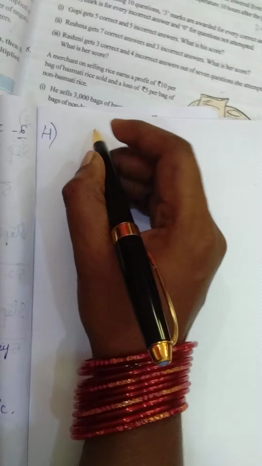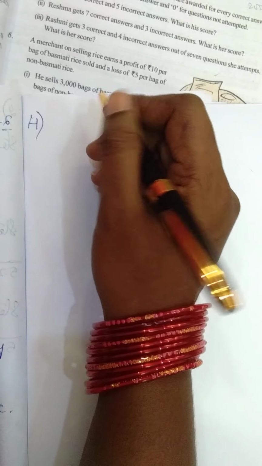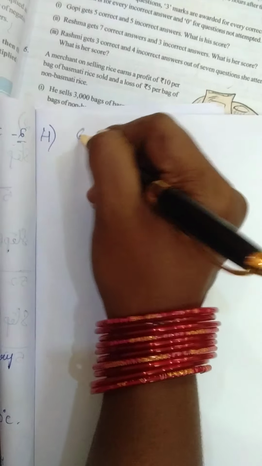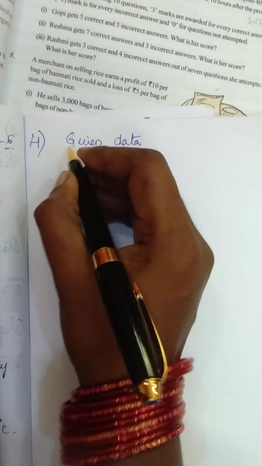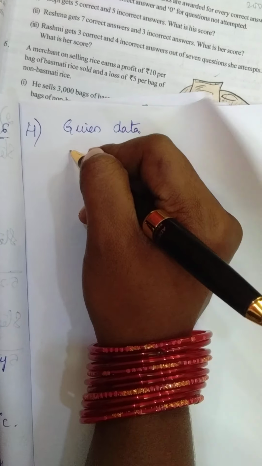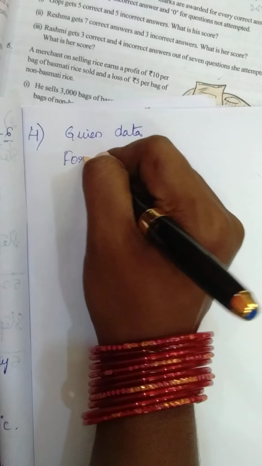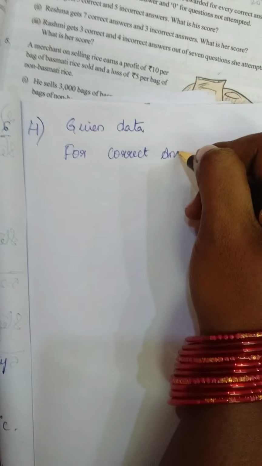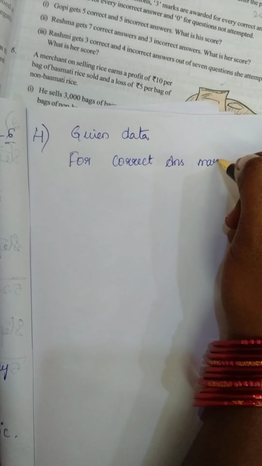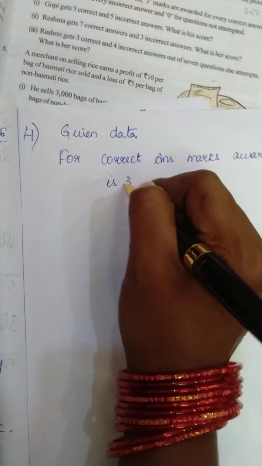Total how many questions? 10 questions are there. Given data, write down given data. 3 marks for correct answer, marks awarded is 3 marks.